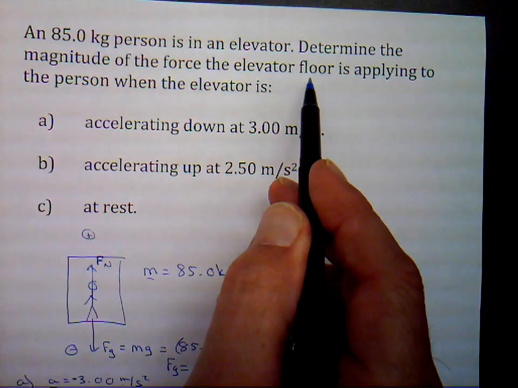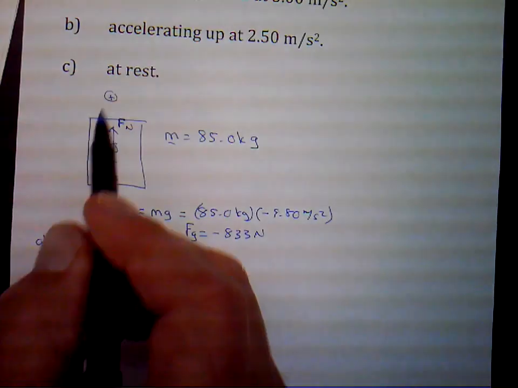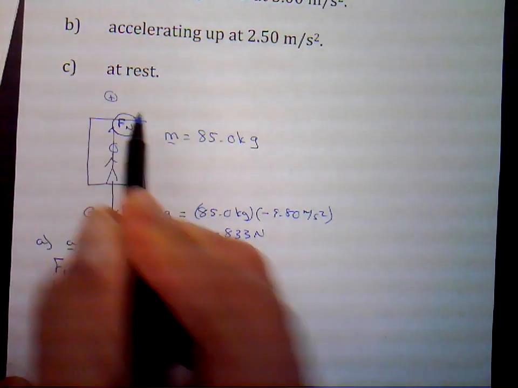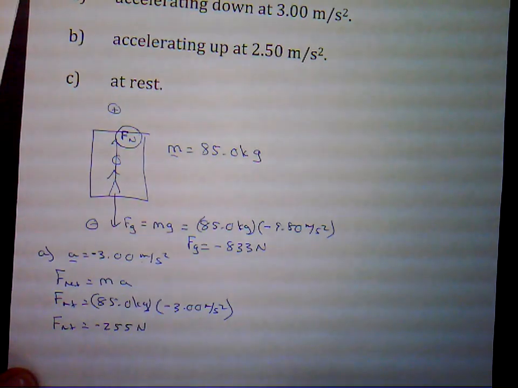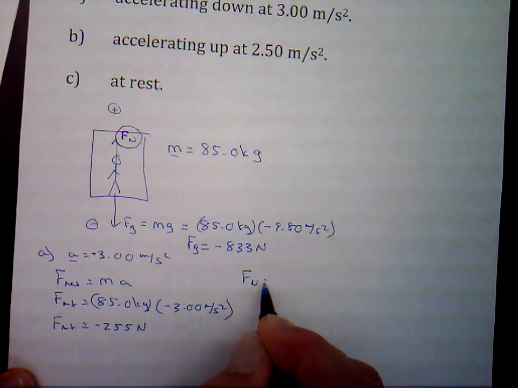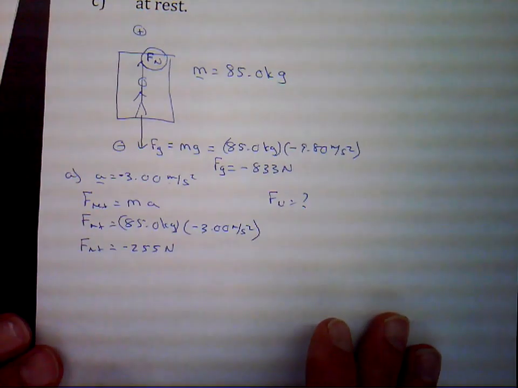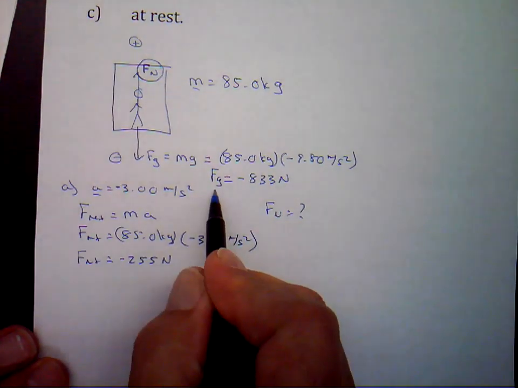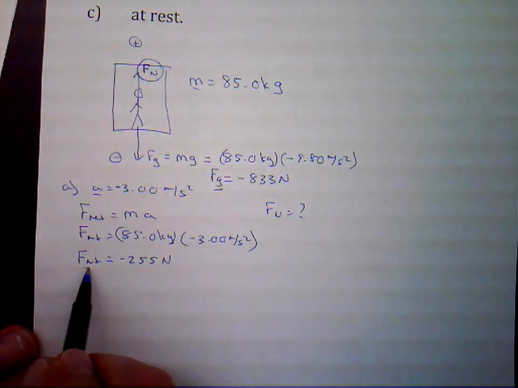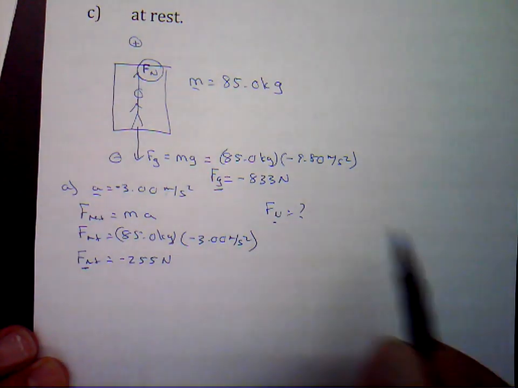Remember, the question that we're trying to solve for is the magnitude of the force the elevator floor is applying to the person. The force that the elevator floor is applying to the person is this normal force. So what we're trying to solve for in here is the normal force that's acting on the person. We now know the force of gravity acting on the person, we know the net force acting on the person, and we want to solve for that normal force.